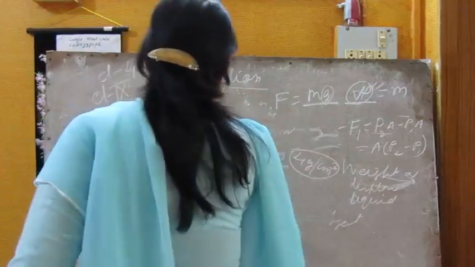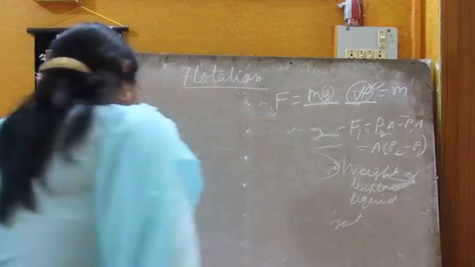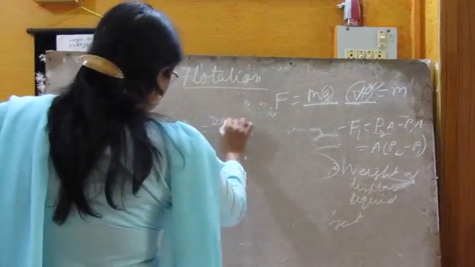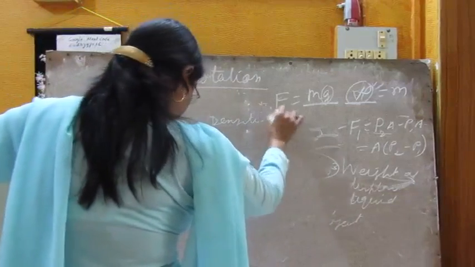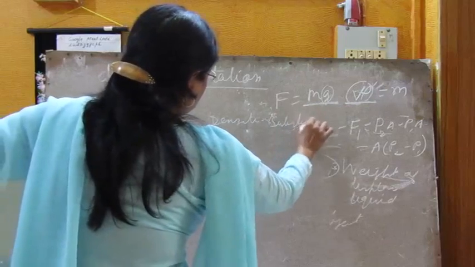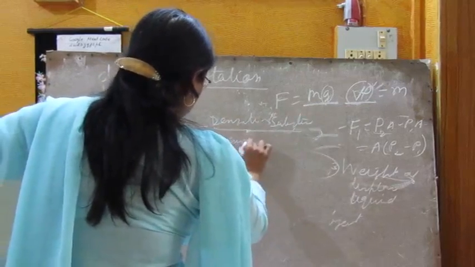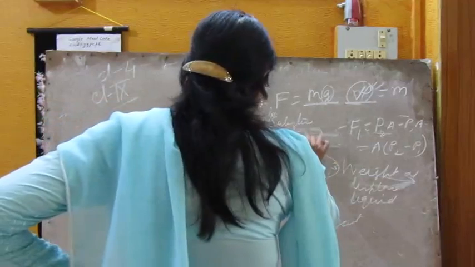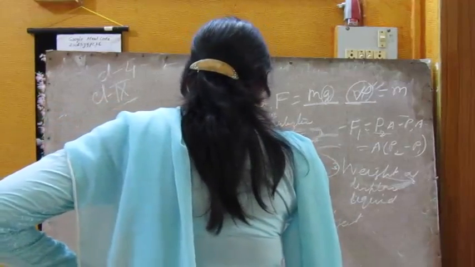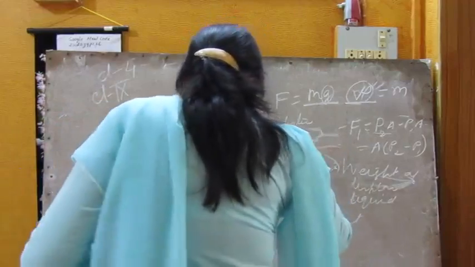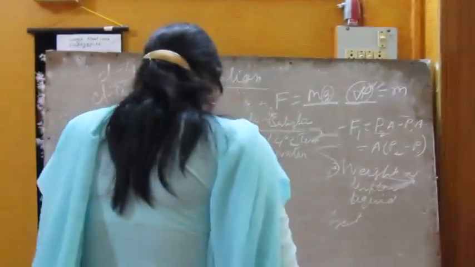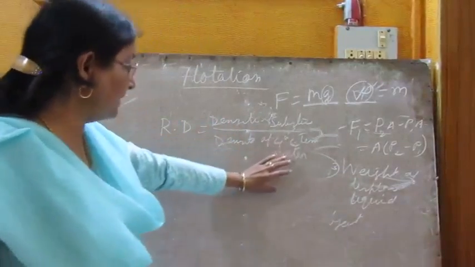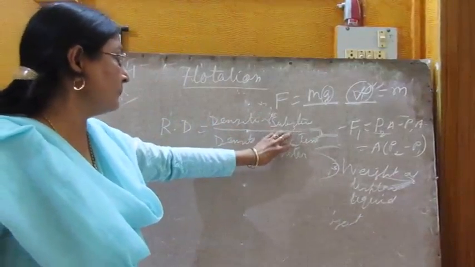Now what is called the relative density? The relative density is the density of the substance divided by the density of water at 4 degree centigrade temperature.